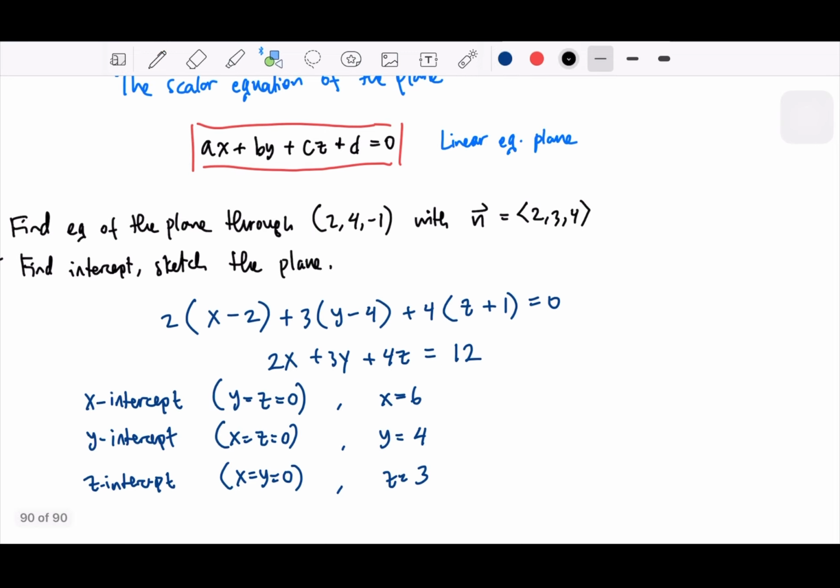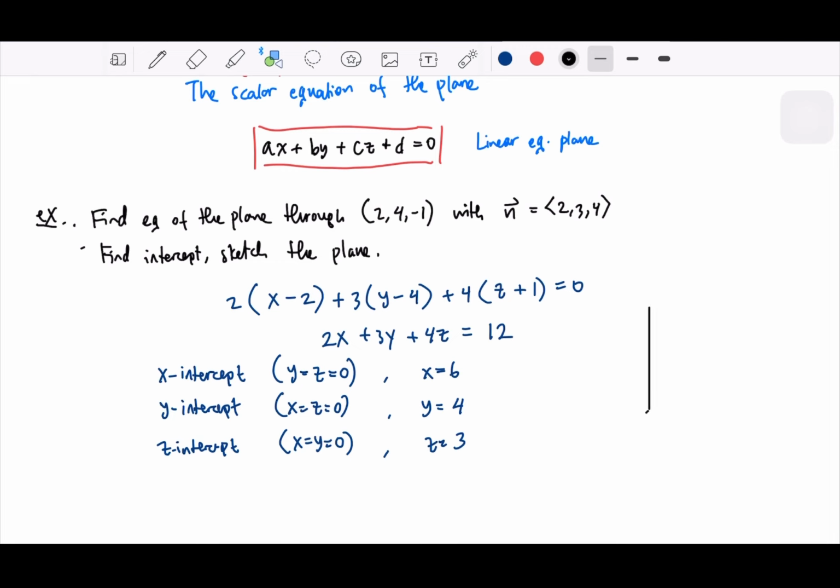So drawing all these three intercepts, 1, 2, 3, 1, 2, 3, 4, 5, 6. Okay, and that's our plane.